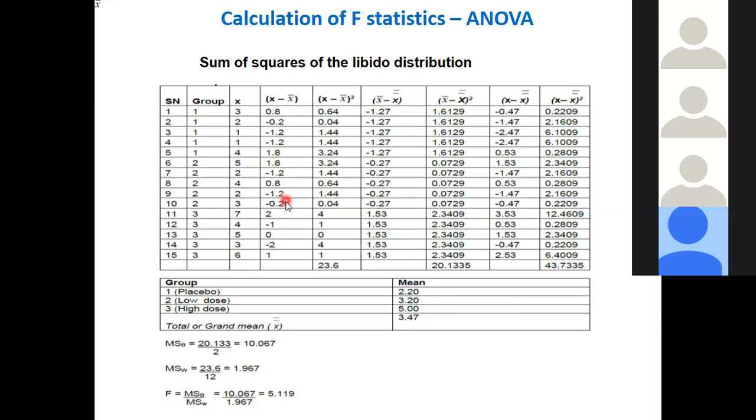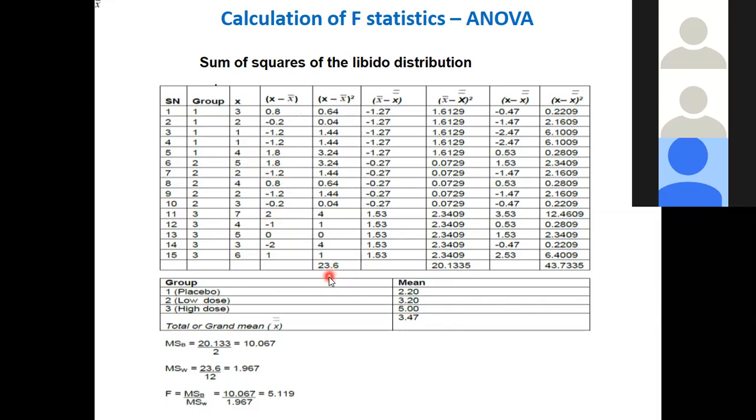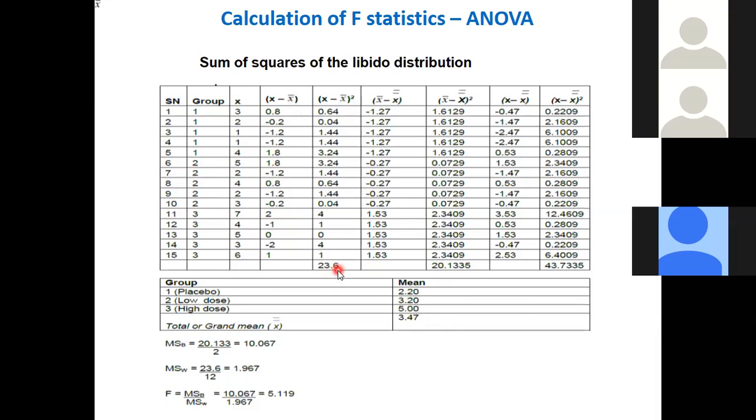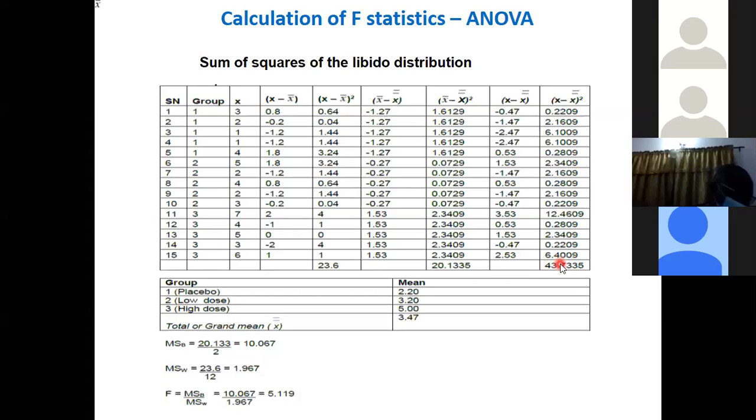And for group 3, numbers 11 to 15, you remove their group mean, which is 5, from each value. When you square it and add it together, it gives you 23.6, which is the sum of squares within. If you add this sum of squares within and the sum of squares between, it will be equal to the total sum of squares.